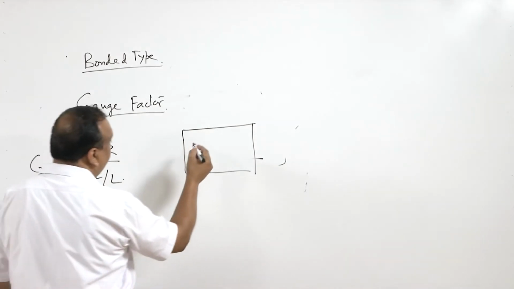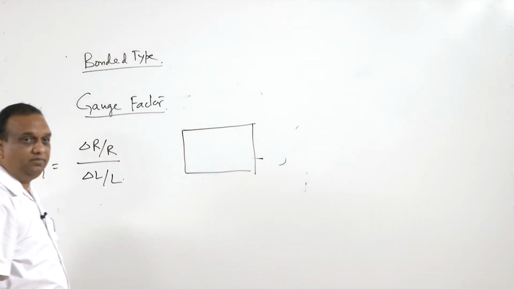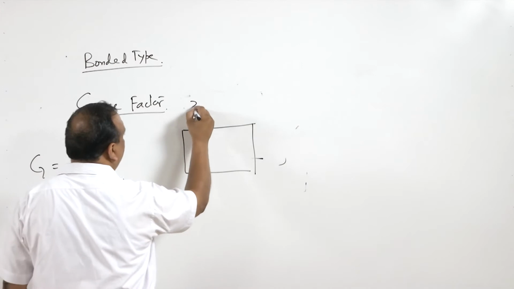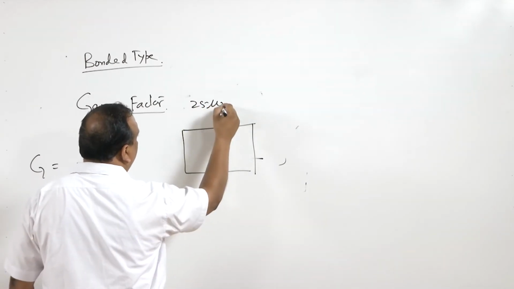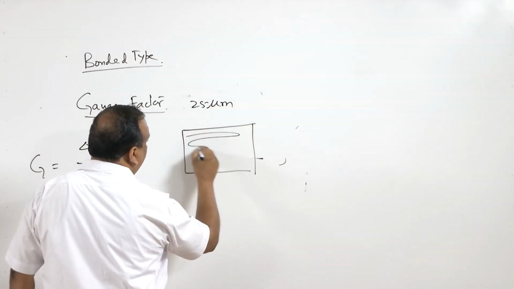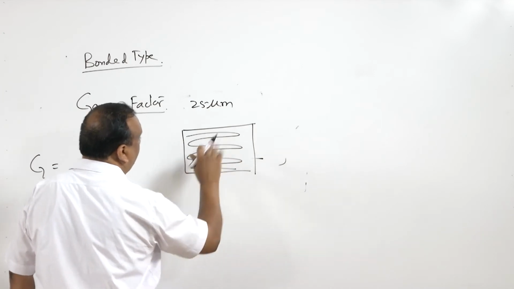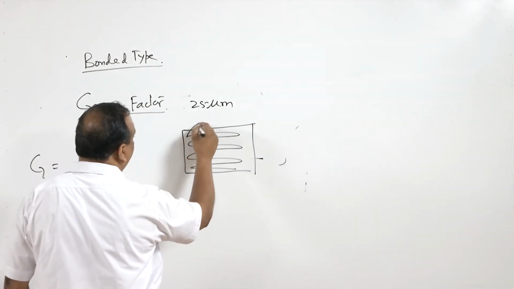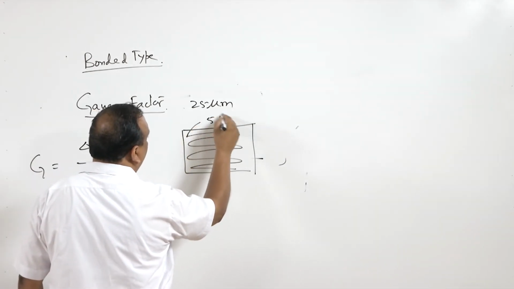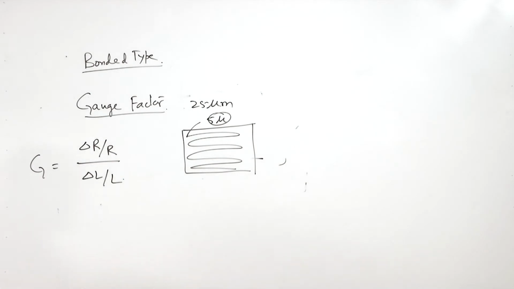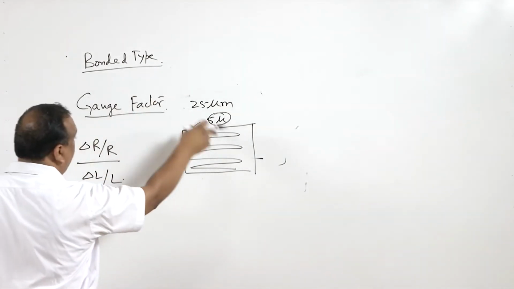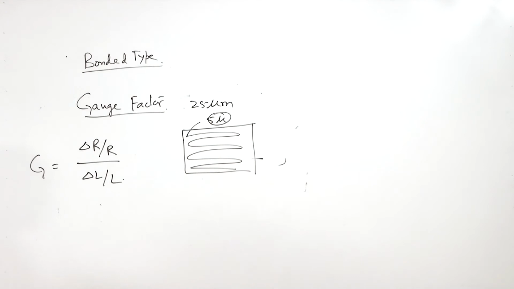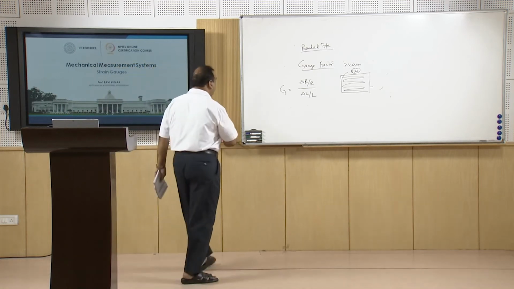After etching, masking of the substrate is done, because substrate thickness is approximately 25 micrometer, and then vapor deposition is done on the surface, and that results in the wire thickness of 5 micron. So that is why for these bonded type of strain gauges, the G is high, right? And we can derive this value of G also.